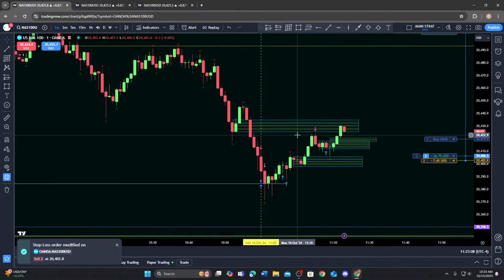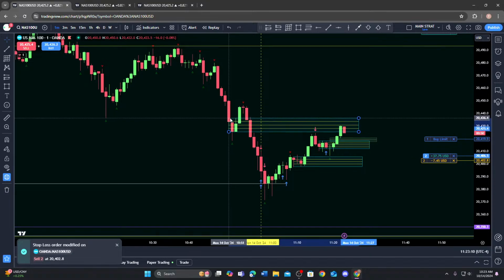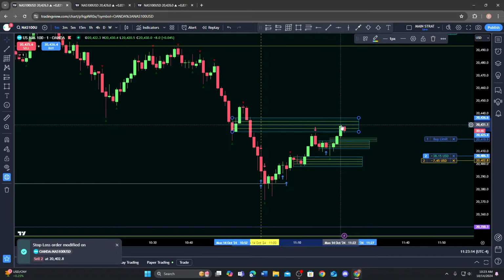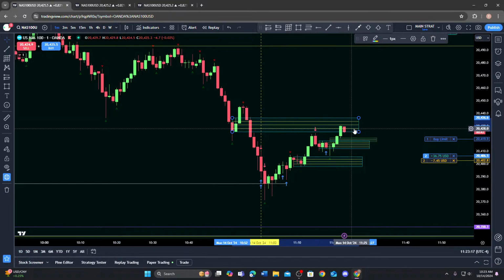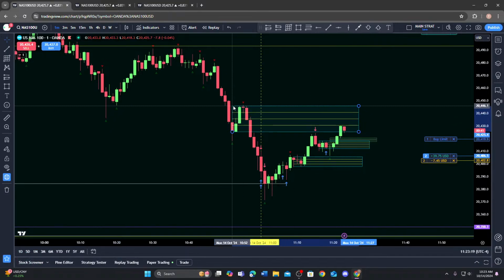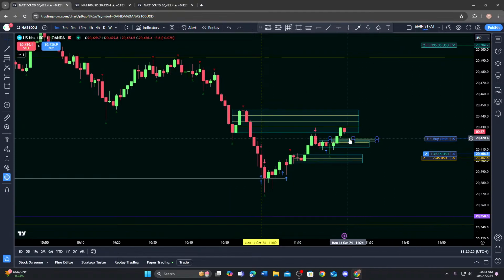All right, now we hit the 50% or mean threshold of that order block. Technically, this is all one, but now we're looking at price being supported by this fair value gap and this order block here.